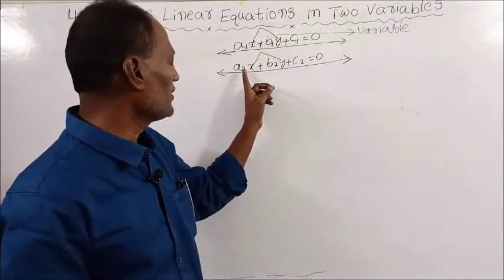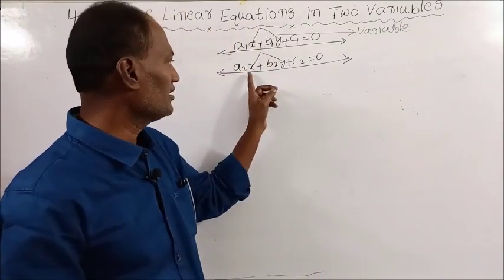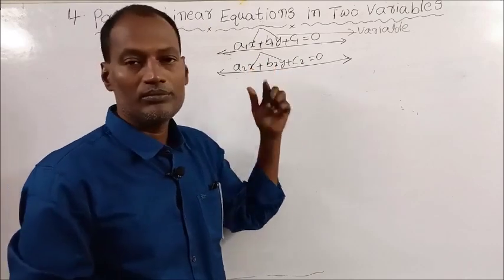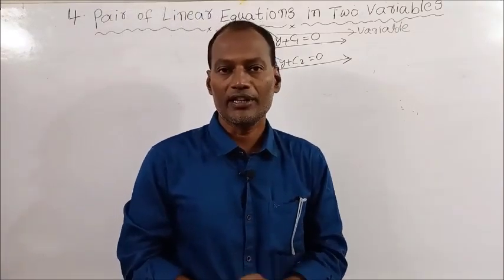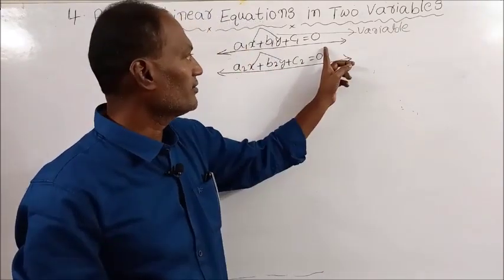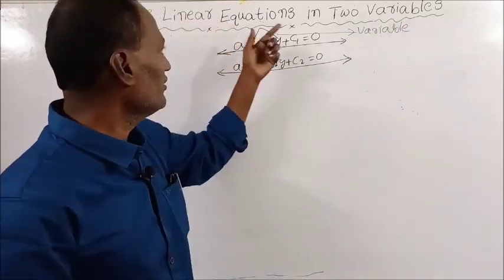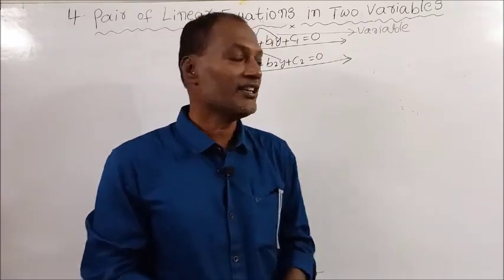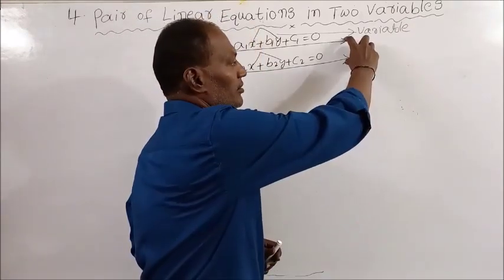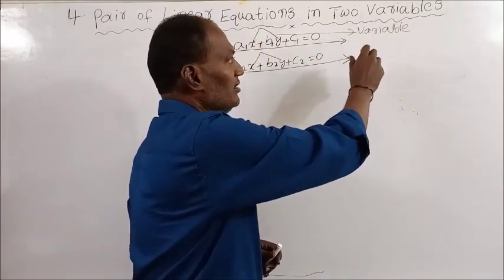In the second equation, also x and y. Here also two variables. That's why it is called two variables. Two linear equations, a pair of linear equations. Pair means these two linear equations in two variables.